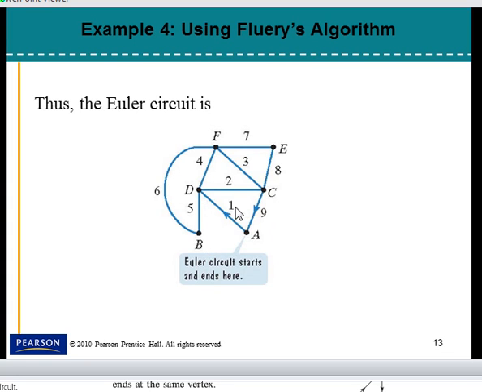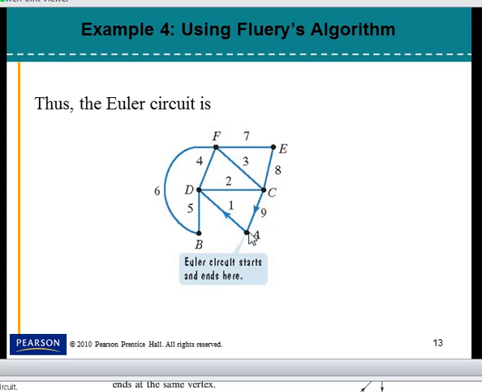If you don't have an arrow, then you can use a comma to show the path, to show the circuit that you use. You can put A, comma, D, comma, C, comma, F, comma, D, comma, B, comma, F, comma, E, comma, C, comma, A.